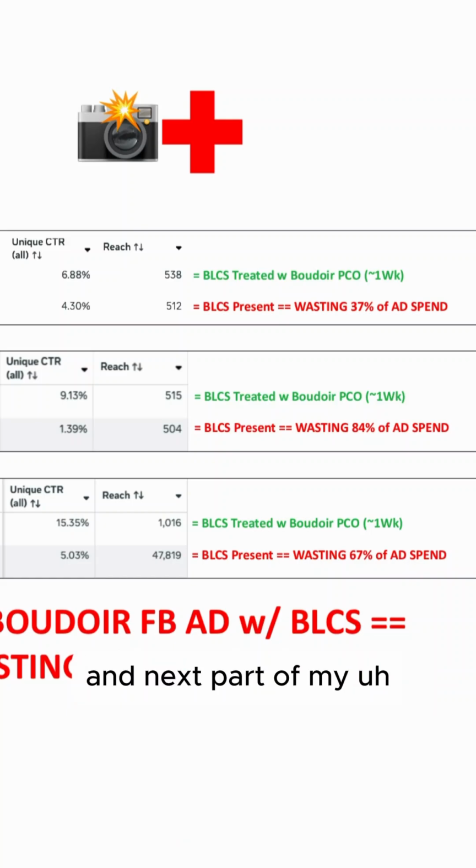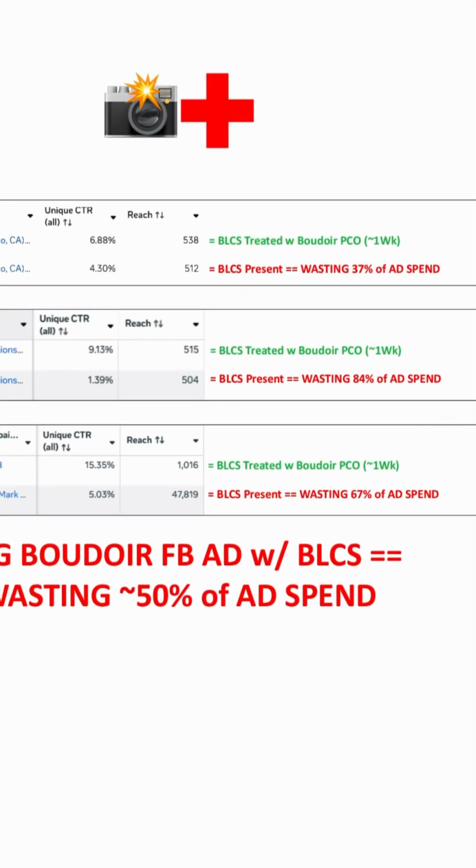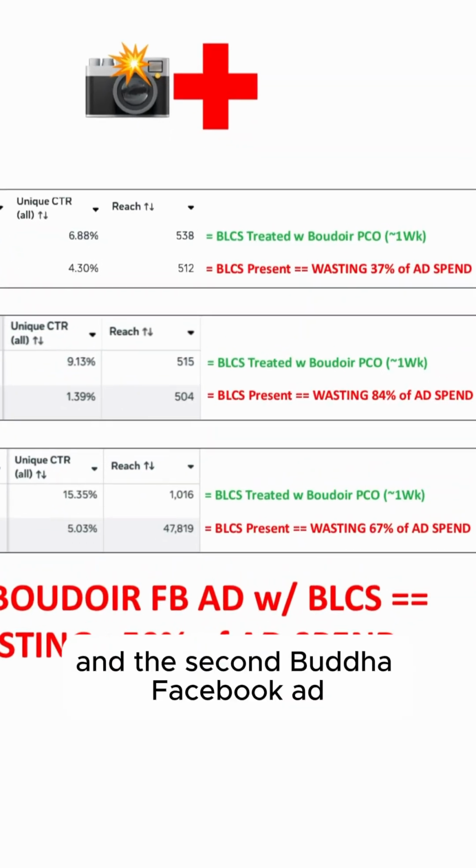And next part of my residency, the second Boudoir Facebook ad.